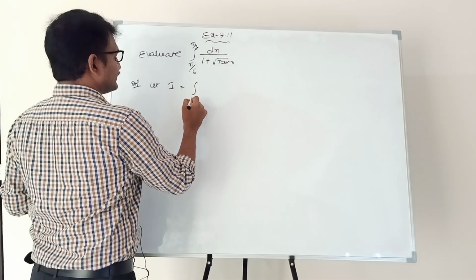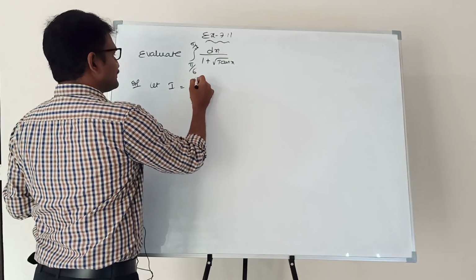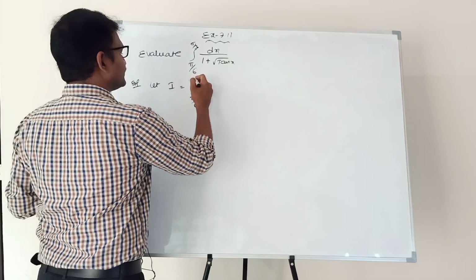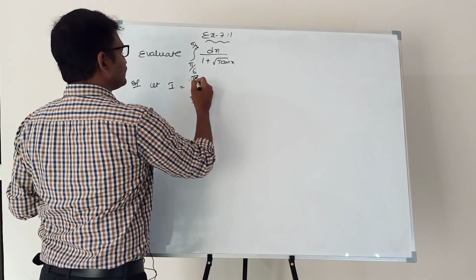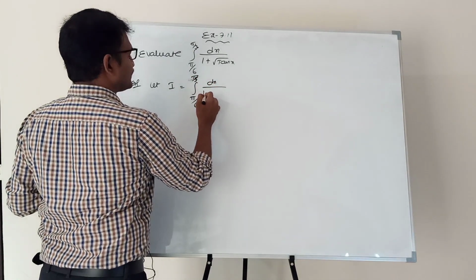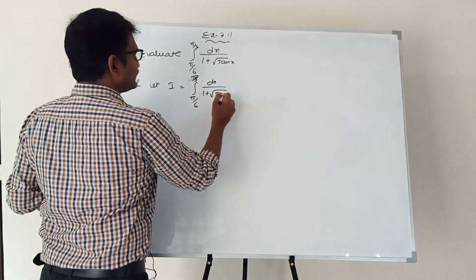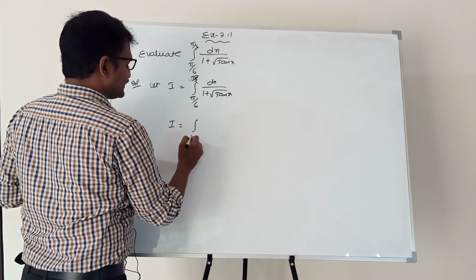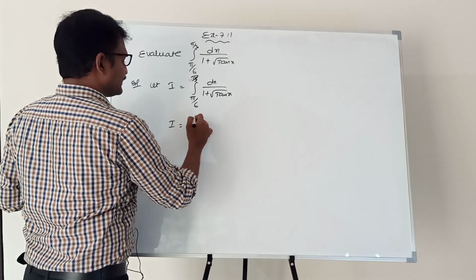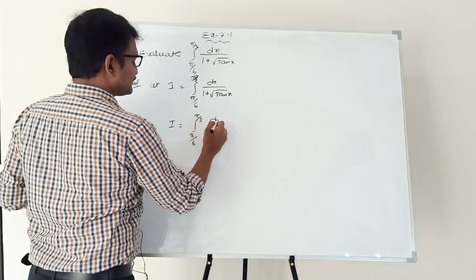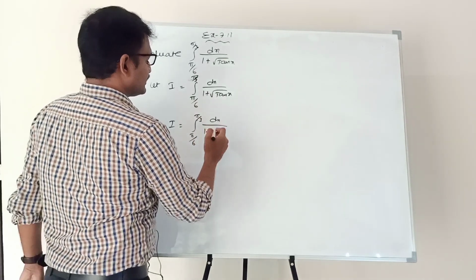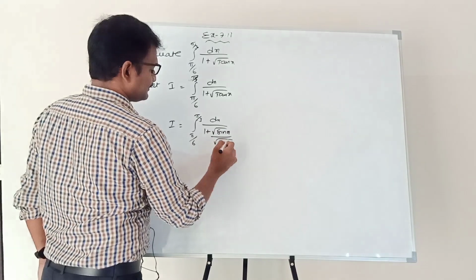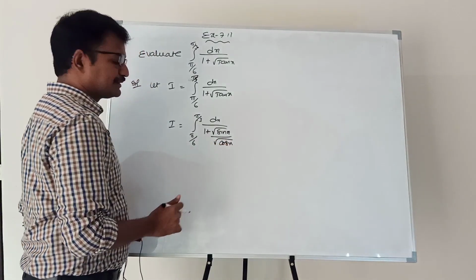Let the given problem be I, the integral from pi by 6 to pi by 3 of dx by 1 plus root of tan x. So I is equal to the integral from pi by 6 to pi by 3 of dx by 1 plus root tan x, which we can write as root sin x by root cos x.